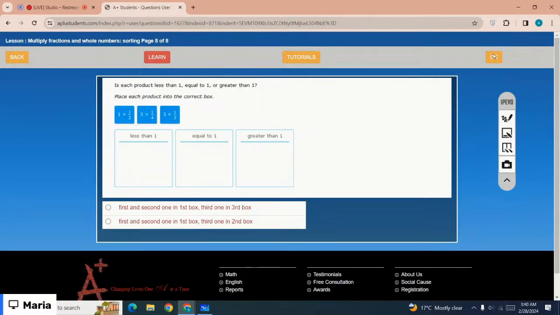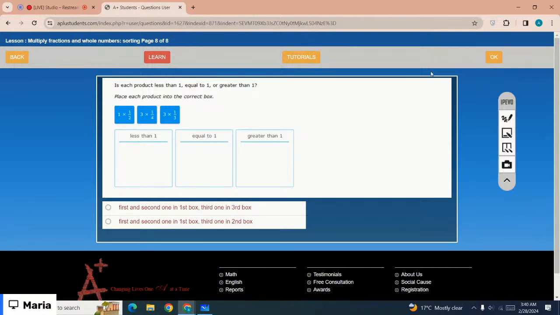In each part, is each product less than 1, equal to 1, or greater than 1? Which is the correct option? Option number two is the correct option, right?